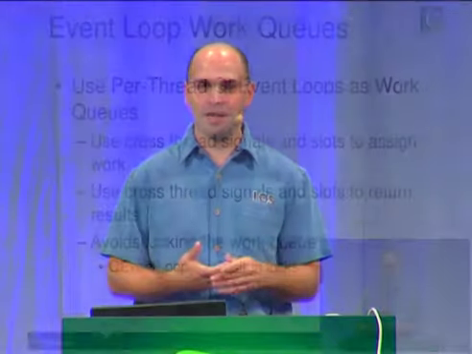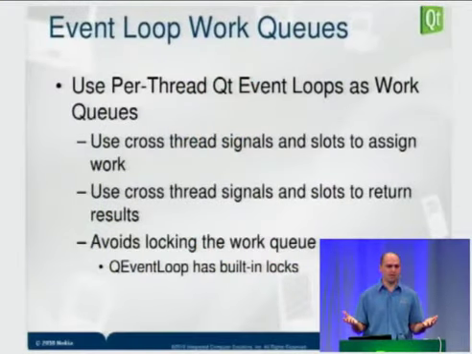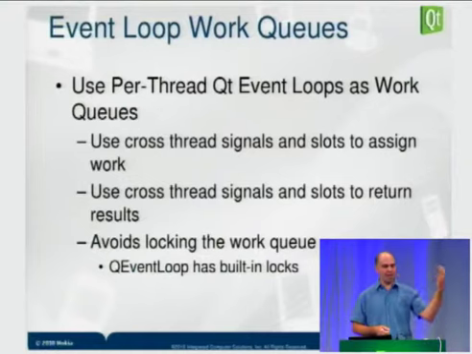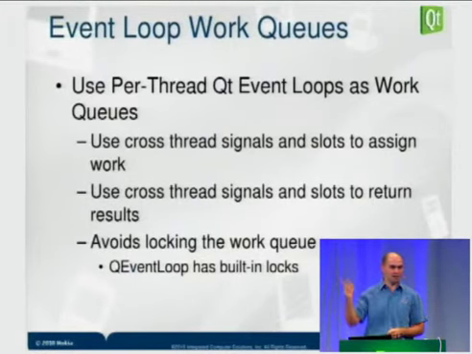So of course, when you actually decide that you really need to use QThread because Qt Concurrent just isn't what you need, because you're not doing a glorified for loop and you need real work queues, well, Qt makes it very easy to make work queues because each thread can have its own event loop. There's the main GUI event loop. Then if we kick off a thread and call exec, we have a whole other event loop.